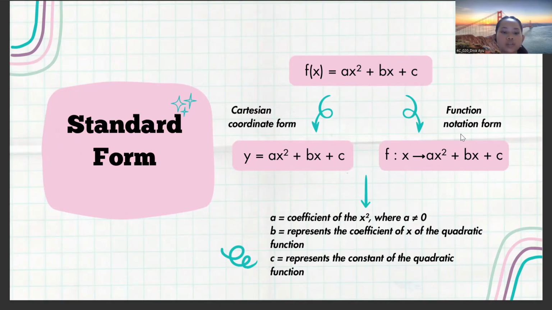This function can also be written as y equals ax squared plus bx plus c, or using function notation f(x). The value of a is very important because it determines the shape and direction of the parabola.